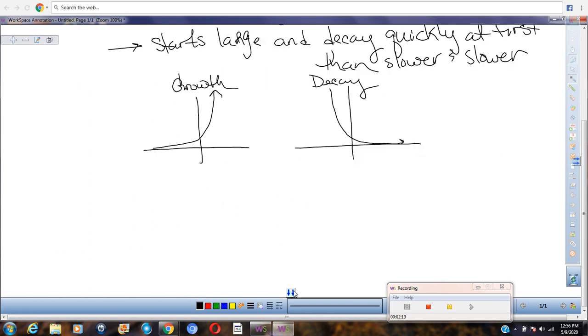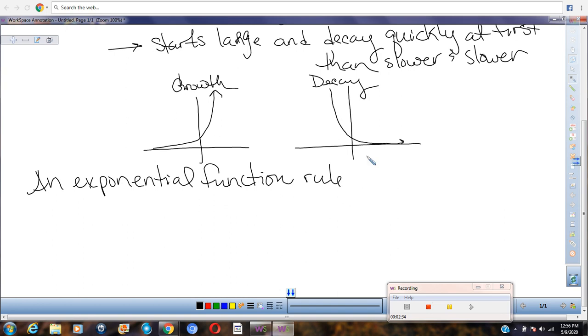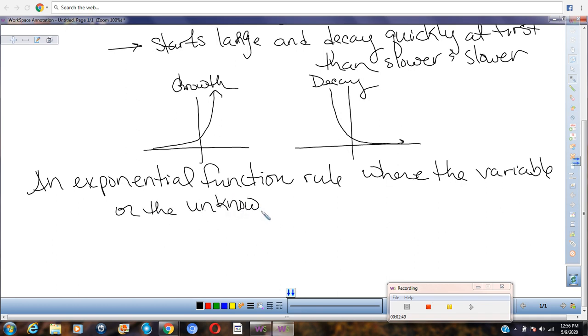All right. So an exponential function has a function rule where the variable, or the unknown, is in the exponent.